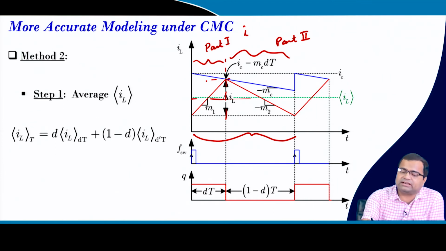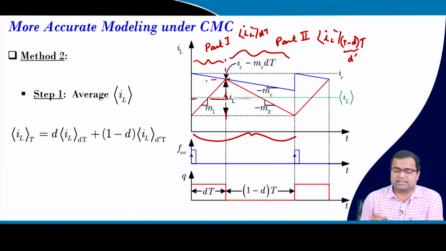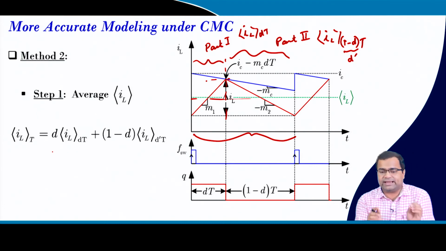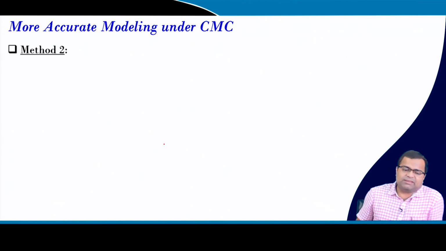Here I am averaging over dT time, and here I am averaging over 1 minus d time, or d dash time. Here I am taking 1 minus d equal to d dash. Then if we average, the overall average is d times this plus 1 minus d times this, which is exactly what is done here.